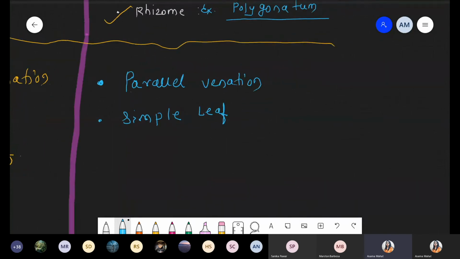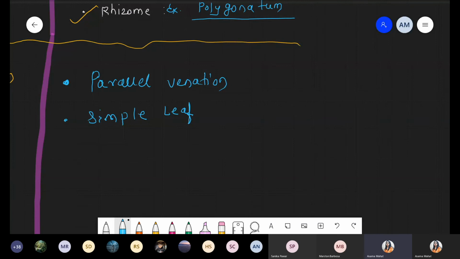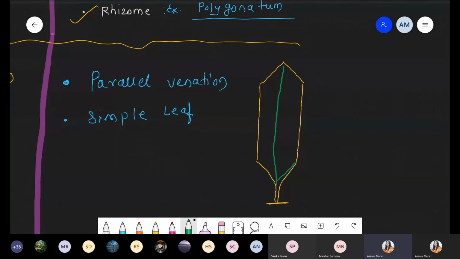So I will try to draw this diagram. What is the meaning of parallel venation? Veins are arranged in a parallel manner. So for example, if you see banana leaves, they consist of this parallel venation. For example, this is the leaf. Inside this leaf there is a midrib. So if you observe, all the veins are parallel to each other like this.